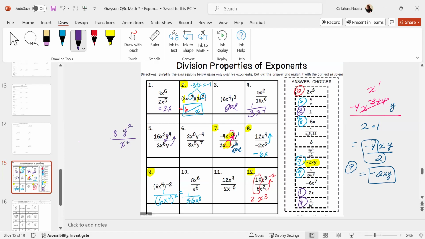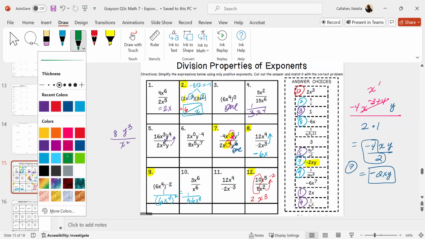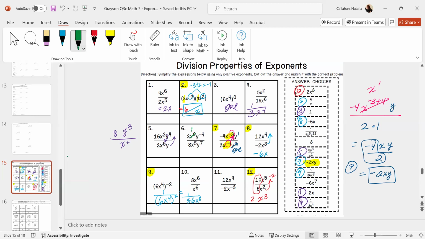Y goes up, so it's y to the 3rd. So don't write the answer down. I want you to try this on your own, okay? But I'm just doing this so that way I don't have to keep doing this. This part gives you 1, correct? Or can I just write the answer down? Yeah, that's fine. You see the answers right here on the side, just put the numbers on the side. That way you can still do the work on your own. This is a 1/4. X to the 5th does not move because it's already positive. Y to the 11th. This is a 6. And the last one's number 11, -6, x to the 7th.